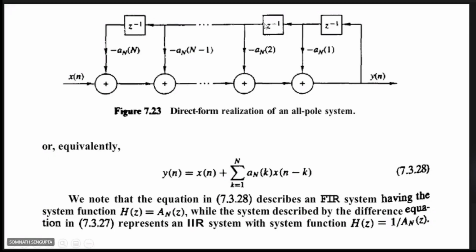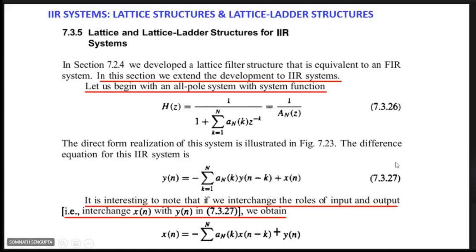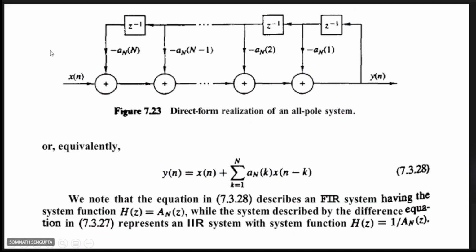Then y[n minus 2], then it is multiplied with a_N(2). Like that, if you go on adding the different delayed versions of output, and then add those and further add with input x[n], according to this equation 7.3.27, it will be implemented as this structure. It is direct form one structure. Directly the delayed versions are taken and added, but here output is fed back to the input.